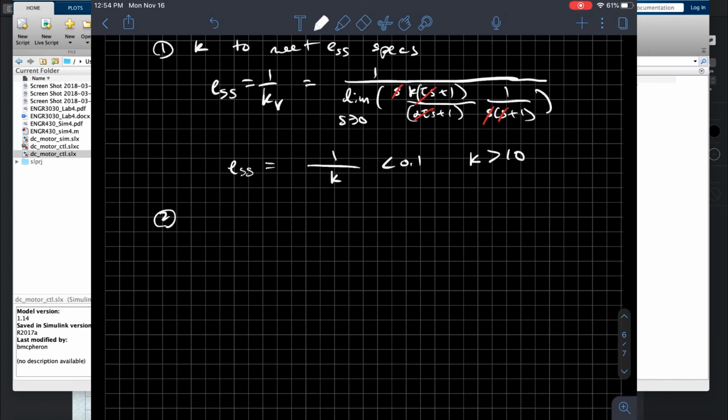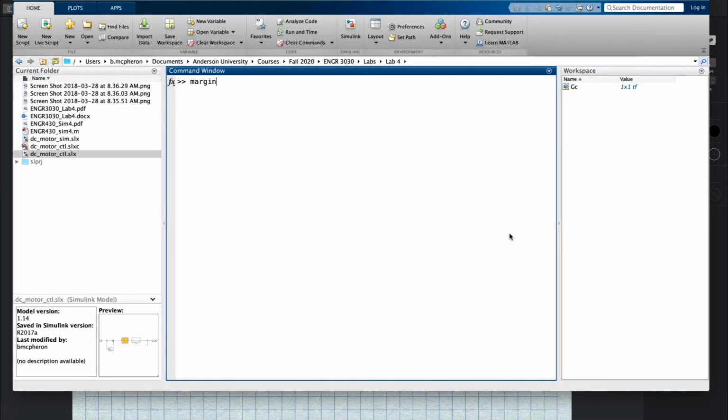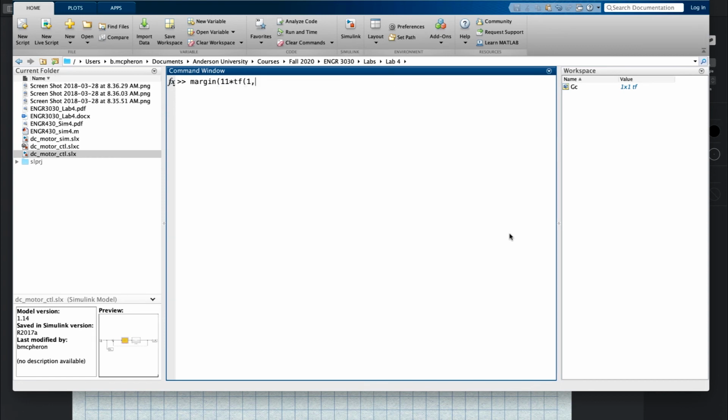Step number 2 is to take the Bode plot of K G(s) and find the margin. Let's let K equal 11. So now I'm going to take the margin of 11 times the transfer function of 1, comma, and then it is 1 over s plus 1, so that's 1 over s squared plus s.